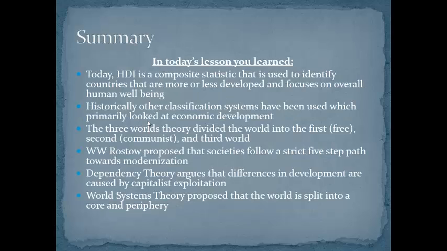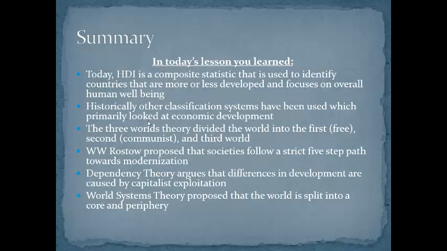So in summary, today we learned that HDI is a composite statistic that is used to identify countries that are more or less developed and focuses on overall human well-being. Historically, other classification systems have been used which primarily look at economic development. The three worlds theory divided the world into the first, the free world, the second, the communist world, and the third world.